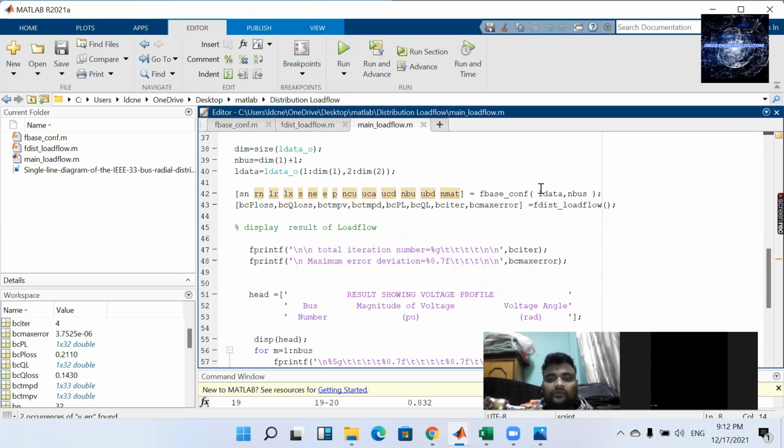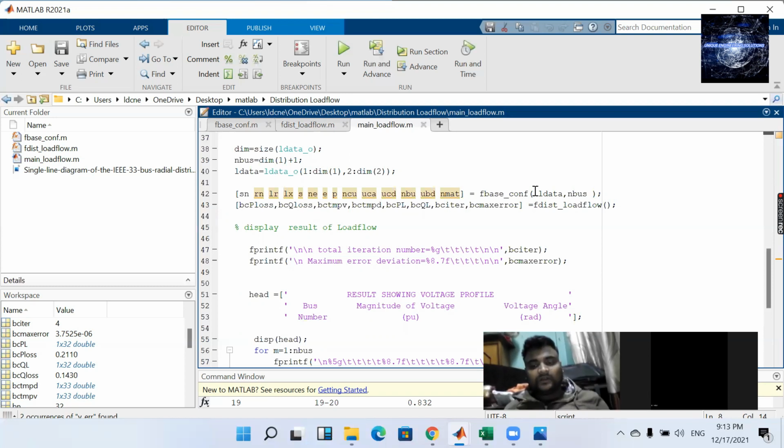Once we have calculated the power summation, we have updated the voltage from the starting node to the voltage of all other buses. And after updating, we have again calculated the losses. Then the new power flow will come. For that power flow also, again we have to update the voltages and calculate the error.